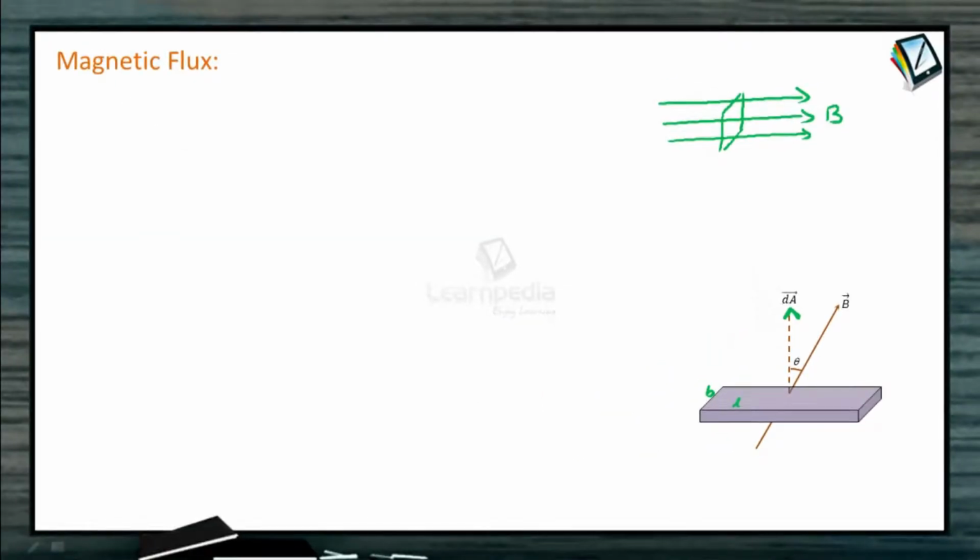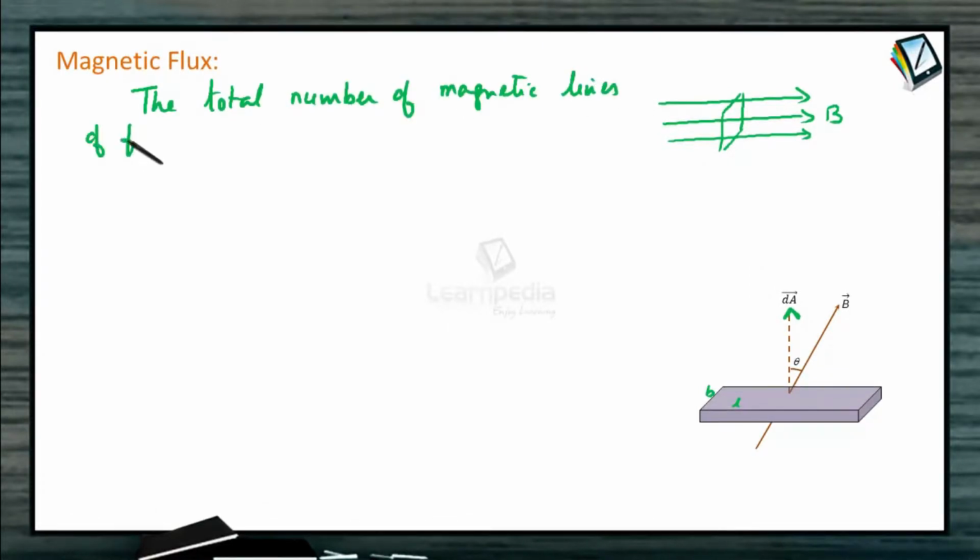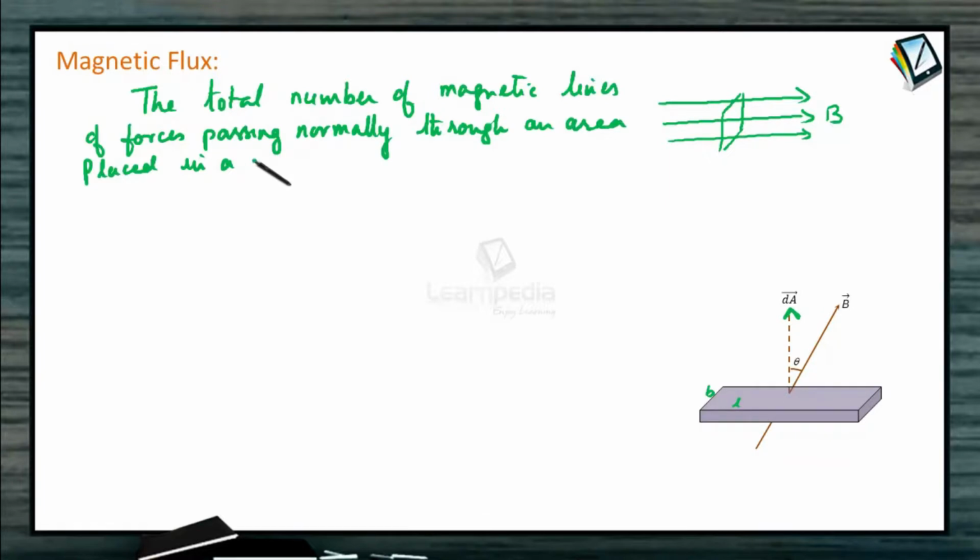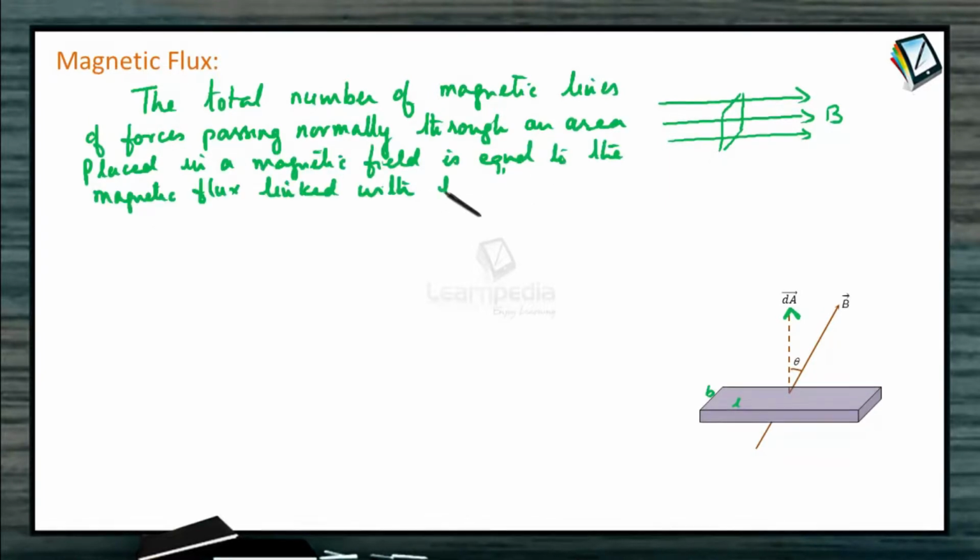So we can write here the total number of magnetic lines of forces passing normally through an area placed in a magnetic field is equal to the magnetic flux linked with that area. So the net flux linked with the surface can be given by net flux through the surface.